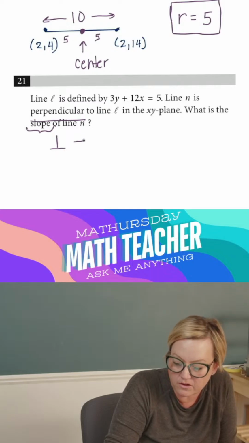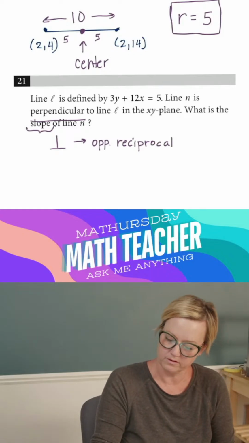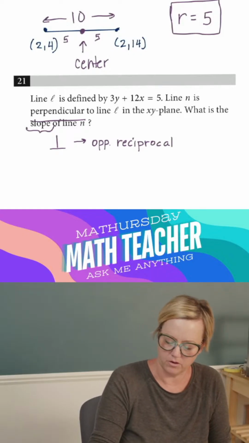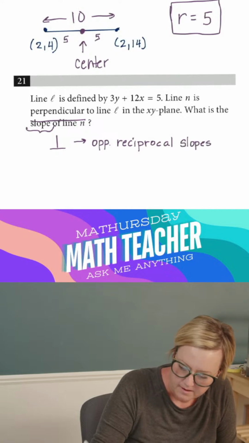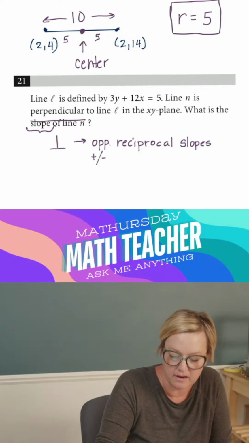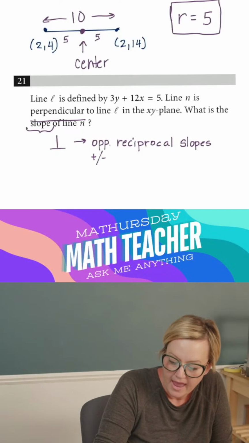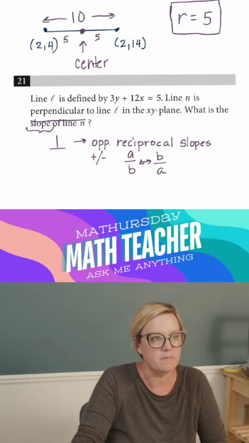Perpendicular lines have opposite and reciprocal slopes. Opposite means positive or negative, and reciprocal is where you flip, so A over B becomes B over A.